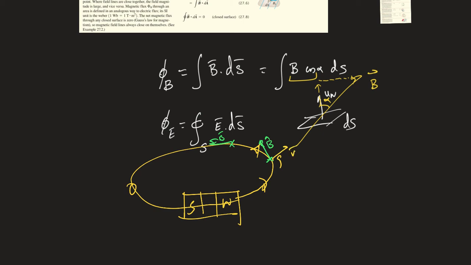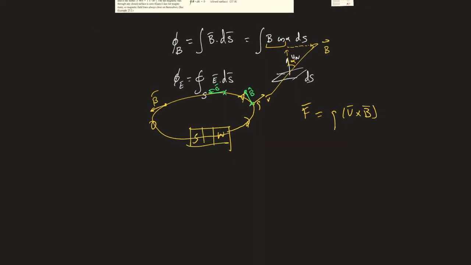And now the force will be q V cross B, and it will be perpendicular to V. So the lines of magnetic field differ with the lines of electrical field because it's true that the tangent to the line is the magnetic field, but it's not true that the force is also tangent to the lines.